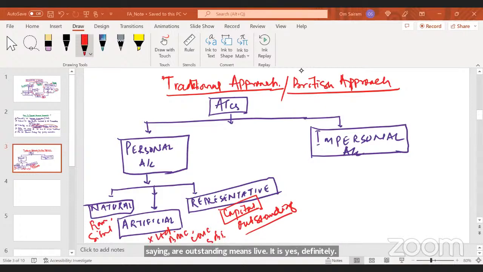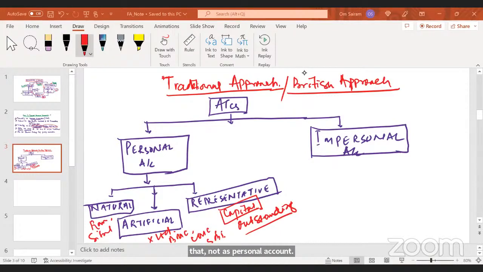But for the time being, we are not discussing whether it is a liability or asset. I will discuss in detail when we discuss the modern approach. Is it fine, Mr. Subrat Babu? So these three, whether natural, artificial, or representative, all are known as personal account. Coming to the second one, impersonal account.